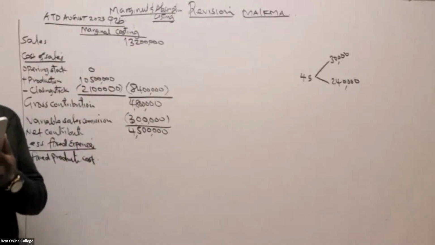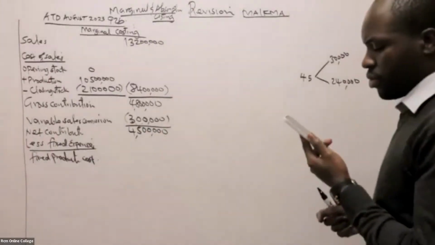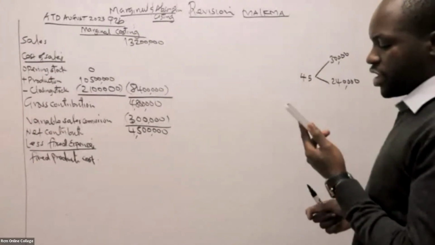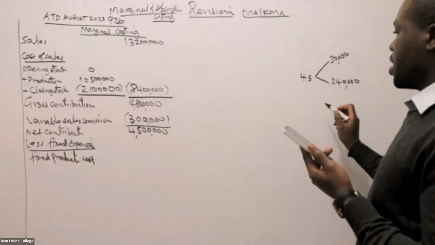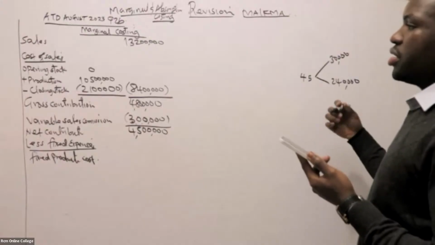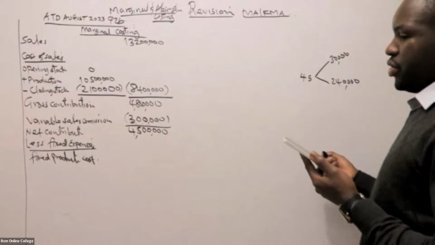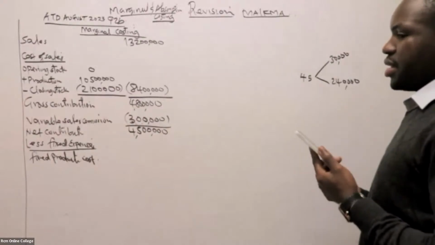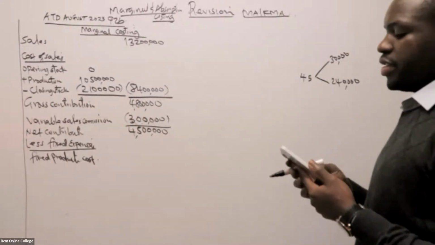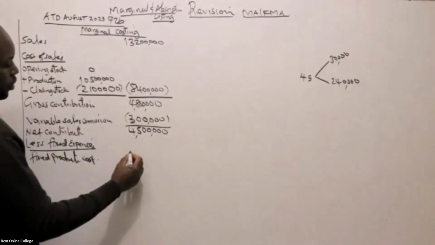So what is the fixed production cost? It was 90 shillings per unit multiplied by the units that were produced. So 90 by 30,000 will give us 2,700,000. That's what we need to record here.